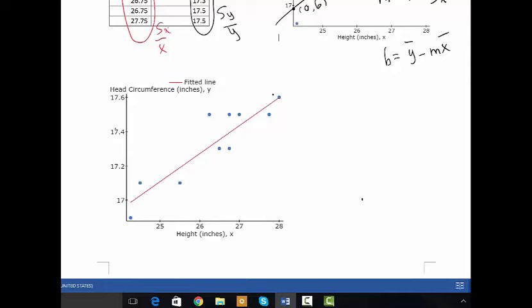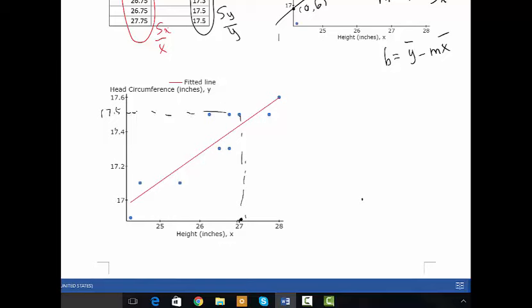One more concept I want to introduce before I go back to StatCrunch is the residual. For example, if x is equal to 27, that means a child's height is 27 inches, then its corresponding head circumference from our observation is 17.5.